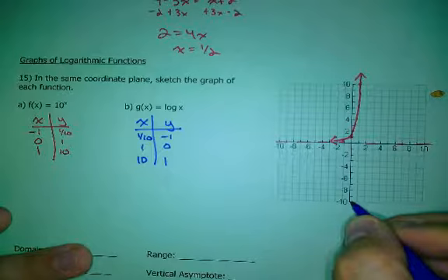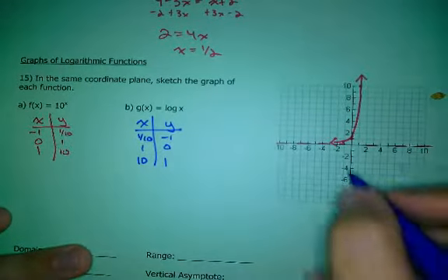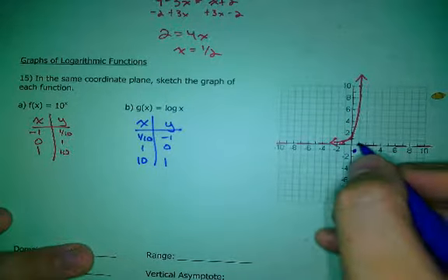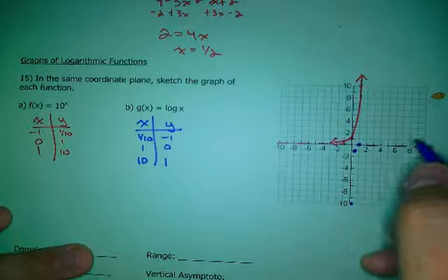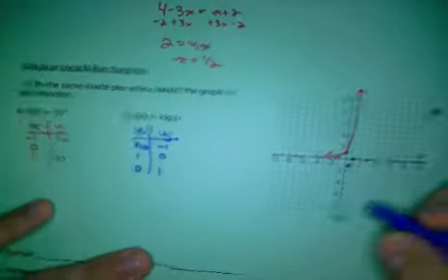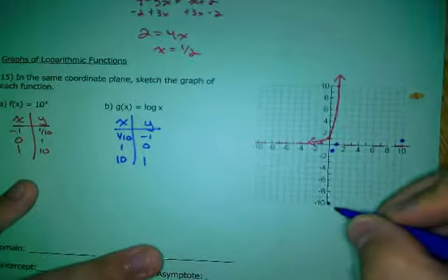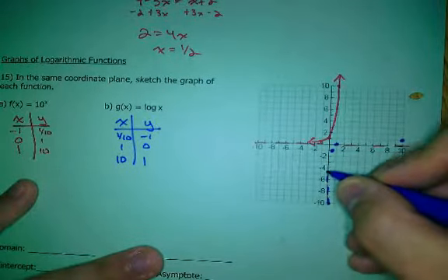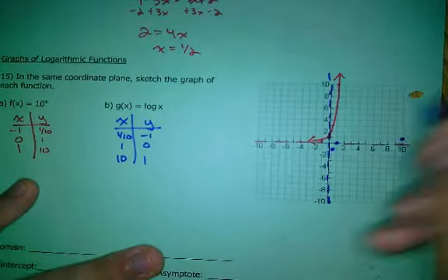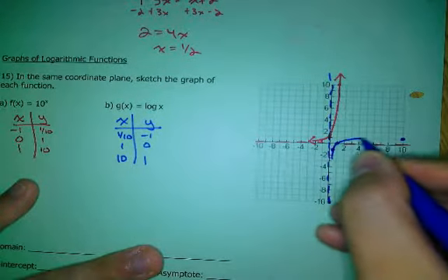I'm going to get over 1/10, down 1, then 1, 0, and then 10, 1. And instead of a horizontal asymptote, I have a vertical asymptote. And then kablam, I'll graph it.